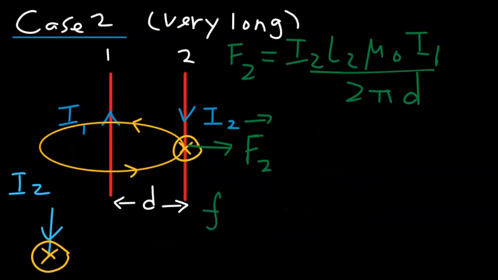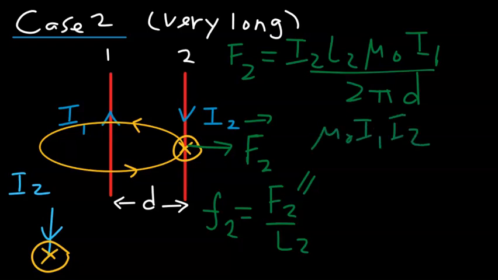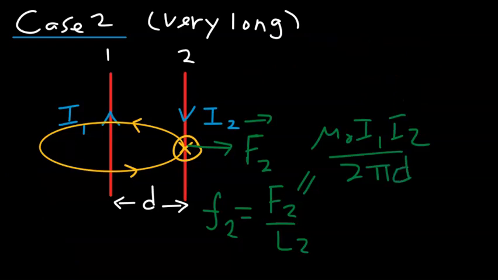The force per unit length at conductor 2 due to conductor 1 is given by capital F2 over L2, which results in the expression mu naught I1 I2 over 2 pi d. Note the direction of the magnetic force on current 2 due to current 1 is now heading away from conductor 1. So it's as if it's being repelled to the right.